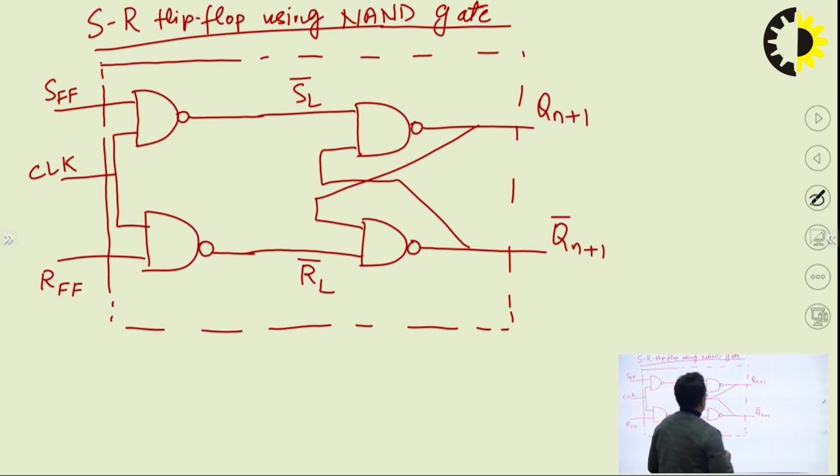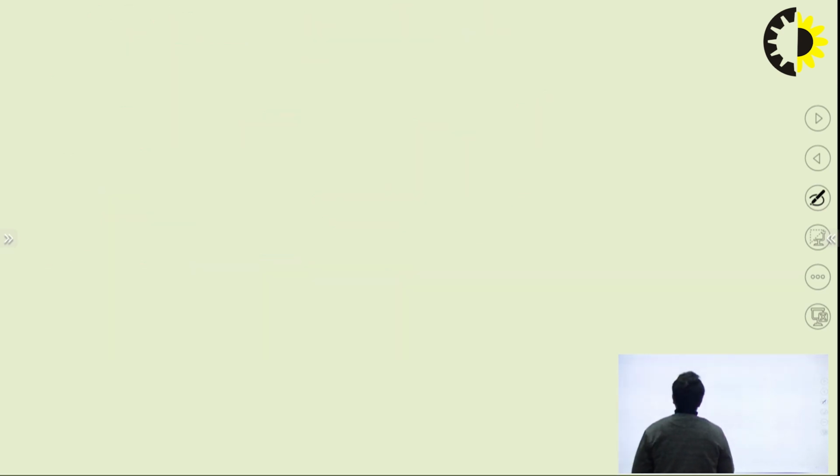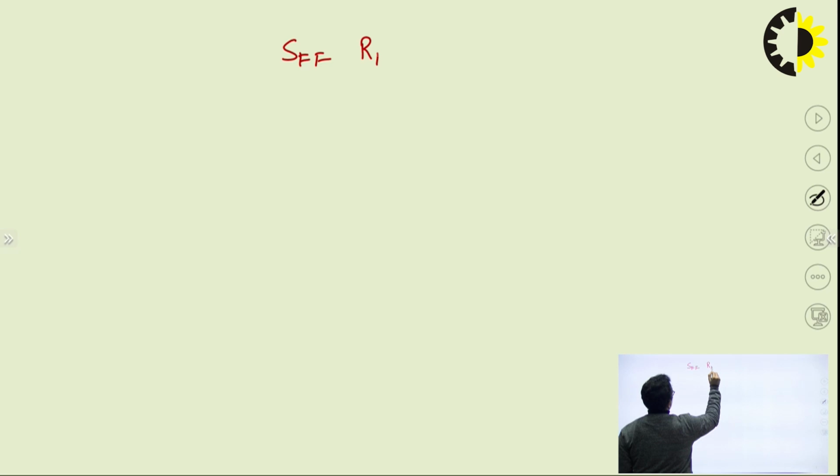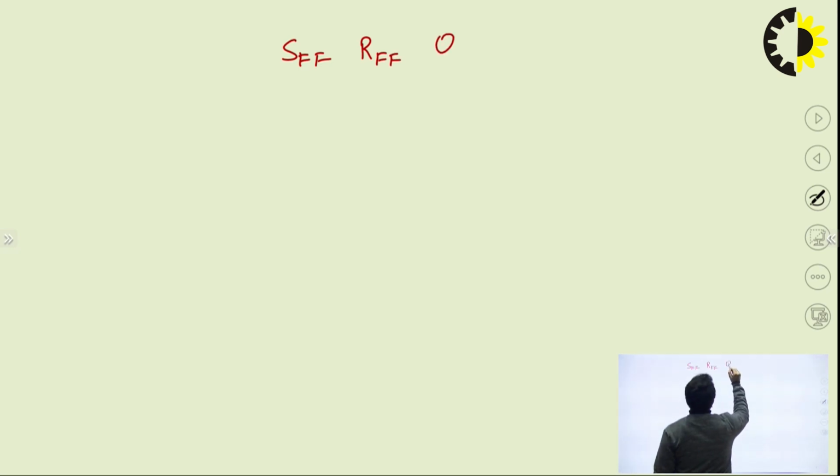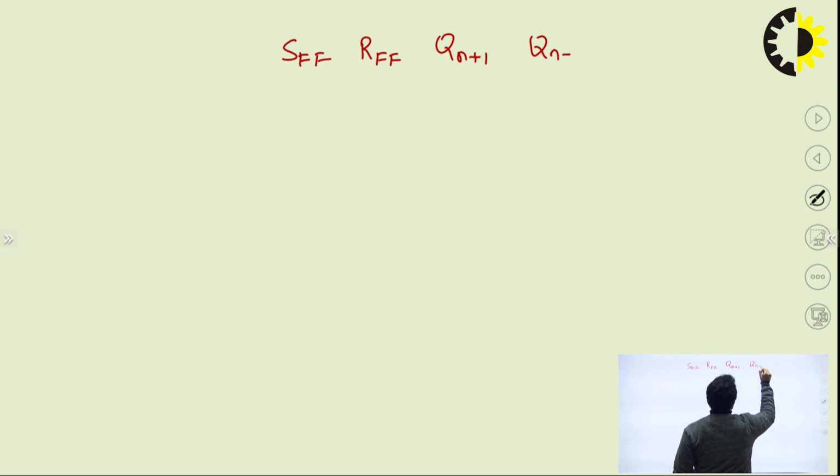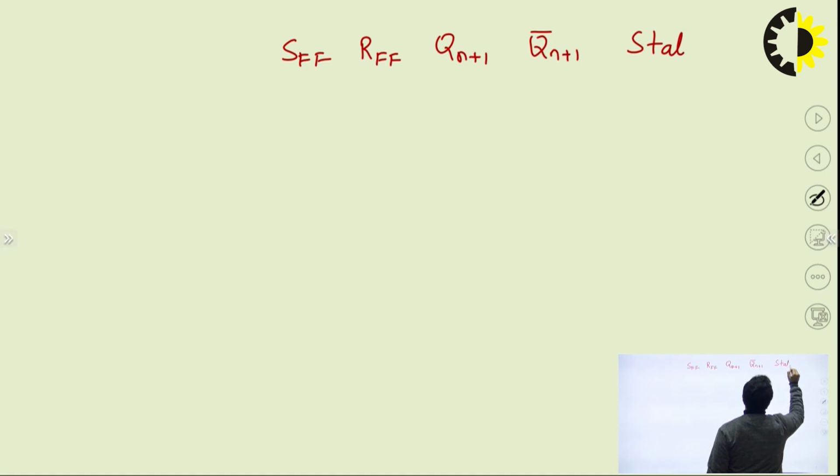So similarly we have to discuss the truth table also. We are considering the input terminals, that is S_FF, R_FF. Similarly we will consider the present normal output, present complemented output, and finally the state.